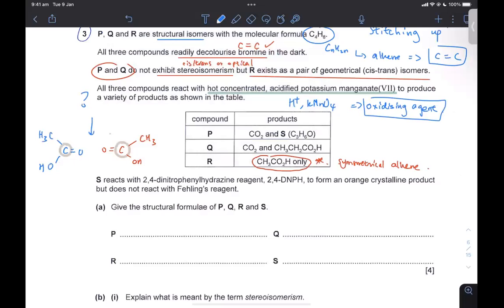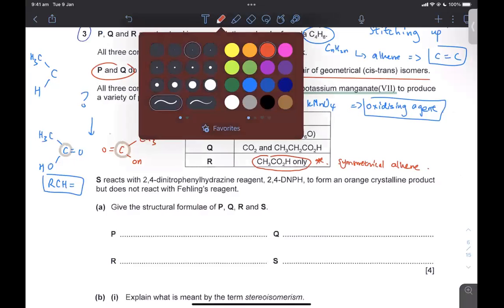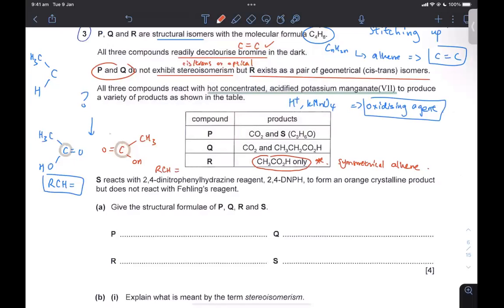You don't know the alkene, but guess what? This carbon here has a CH3 because you get a carboxylic acid from the RCH double bond. You get only one product because they are the same product from the symmetrical alkene. So what I get is CH3CH double bond CHCH3 like that.